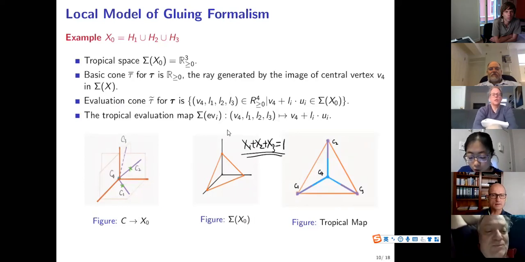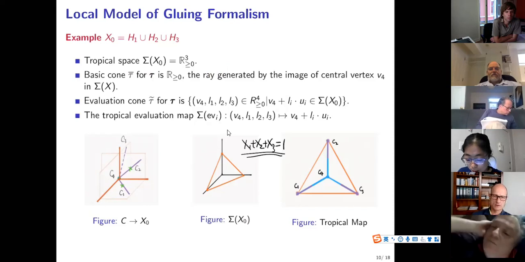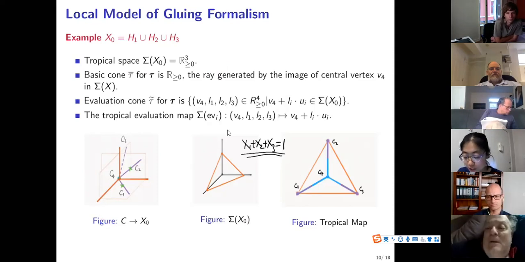So I'll quickly mention the thing I said. For the tropical space of this X of 0, it will be R larger or equal to 0 cube, and the basic cone of this type will be generated by the image of the central vertex over here.